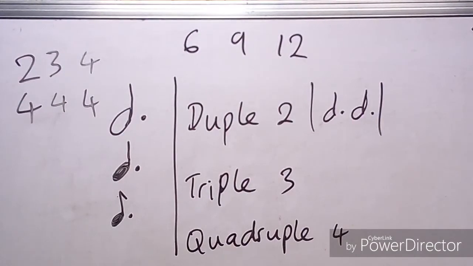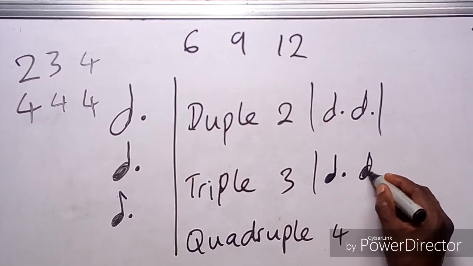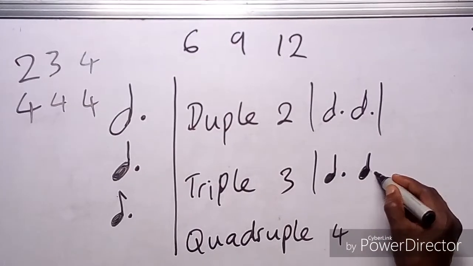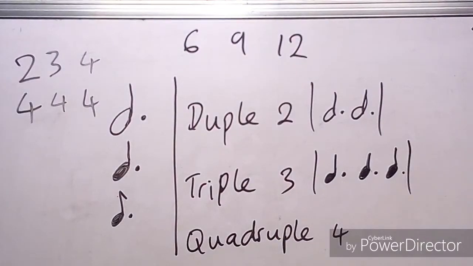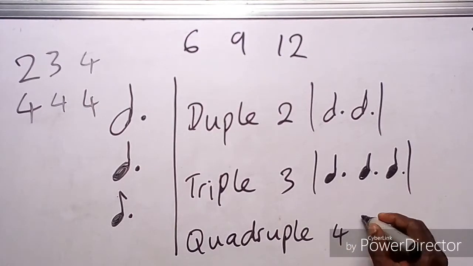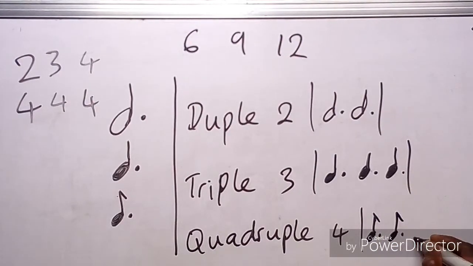If I have compound triple, I'm going to have 3 dotted notes in a bar. In this case, I'm using a crotchet. Then if I have compound quadruple, I'm going to have 4 dotted notes in a bar. In this case, I'm using a dotted quaver.